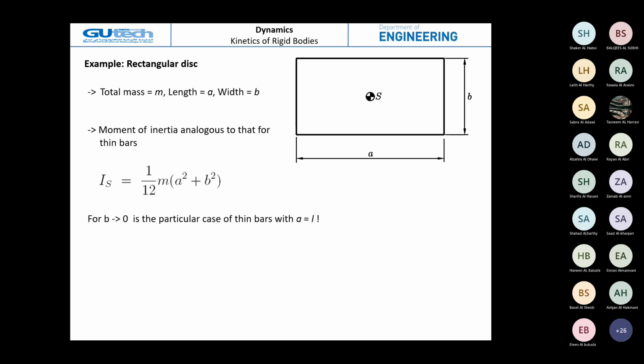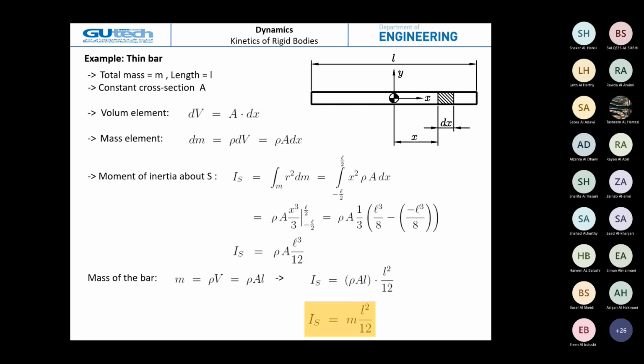Now we take the fourth geometry, which is the rectangular disk. The total mass is m, the length is a, and the width is b. The moment of inertia, the difference here: for the bar we have m multiplied by L squared divided by 12.